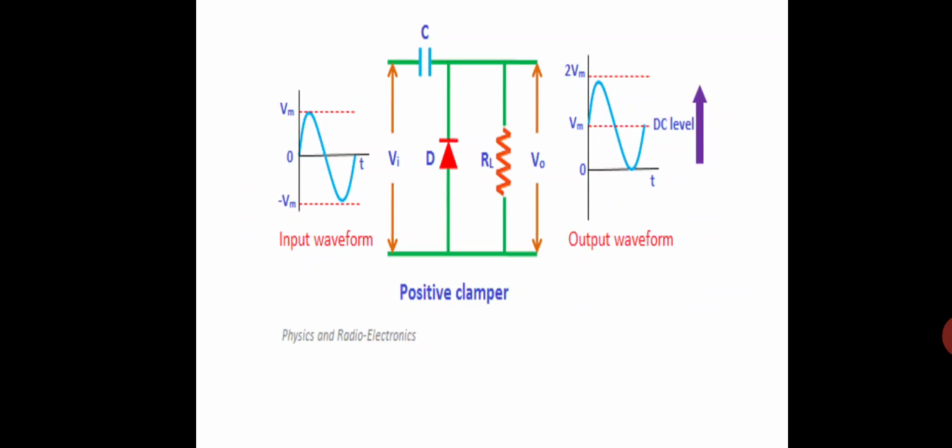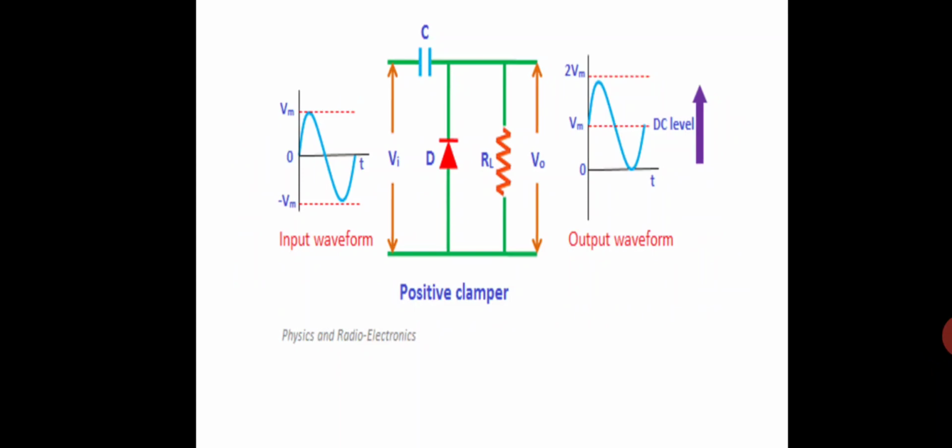At first, in the negative cycle, the input is negative and the diode's first part is negative, so the diode becomes forward biased.